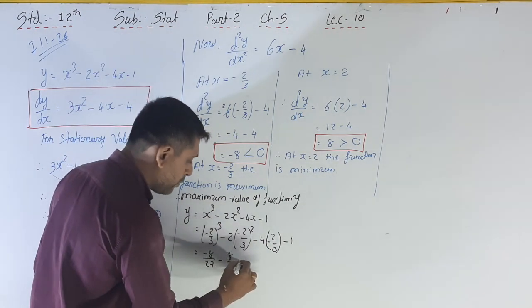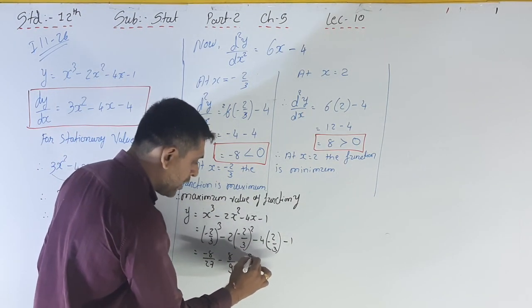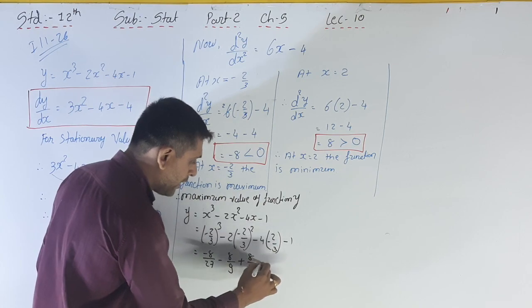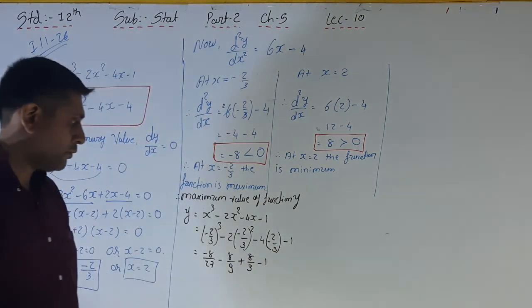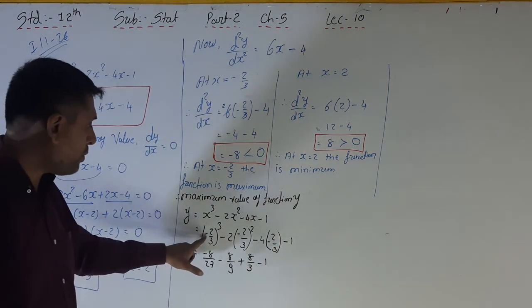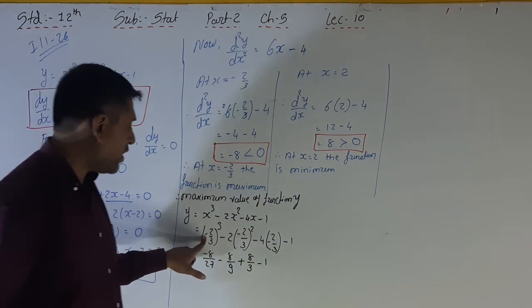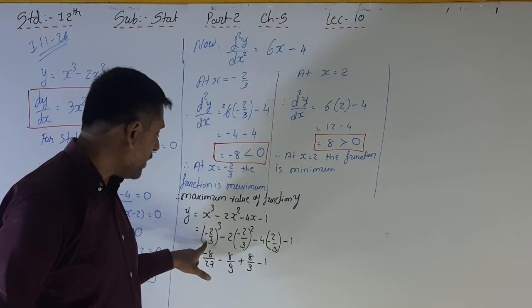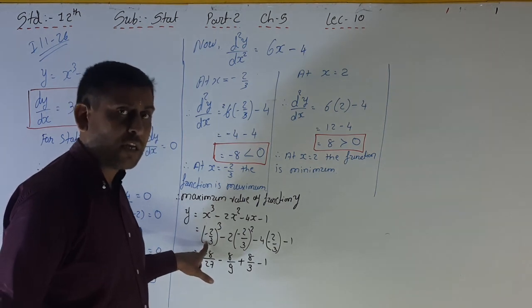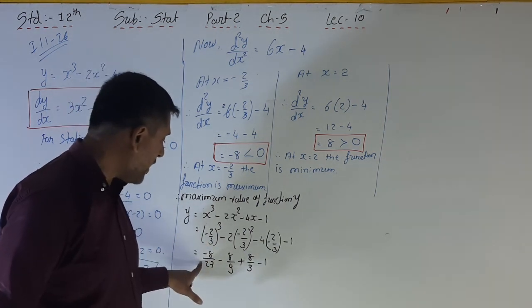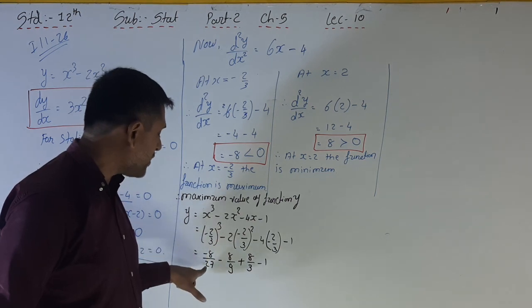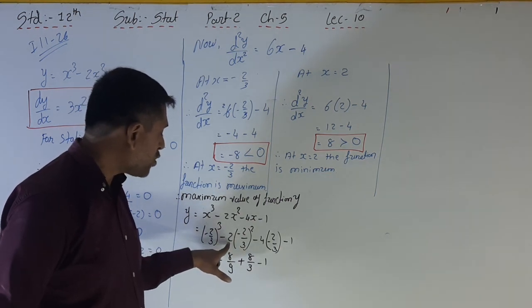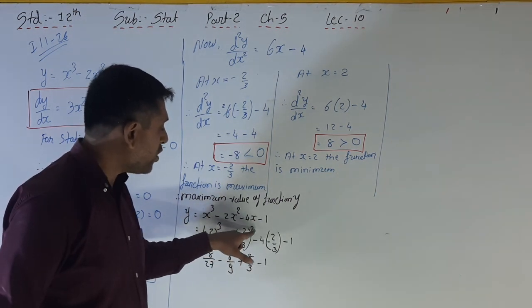Minus minus plus, 4 twos are 8 by 3, and minus 1.